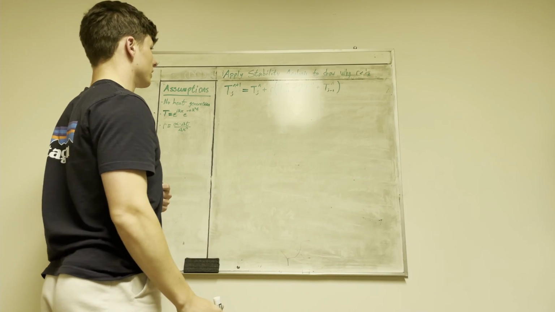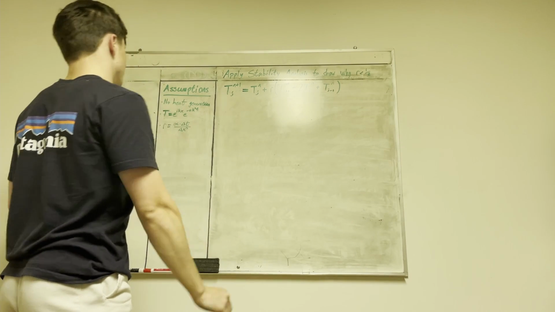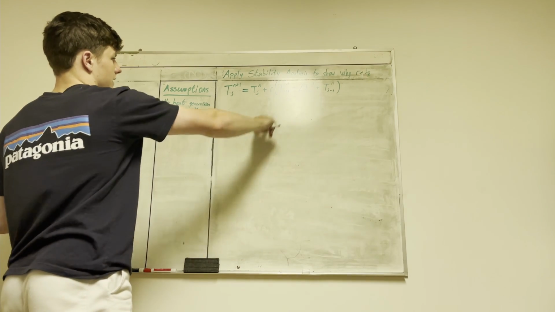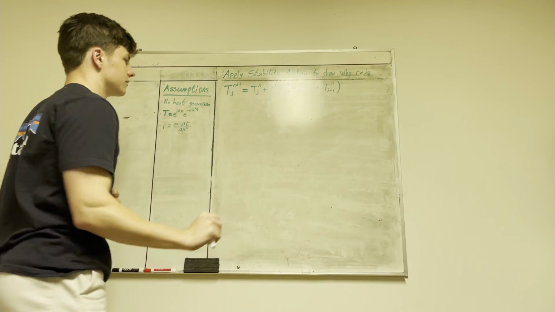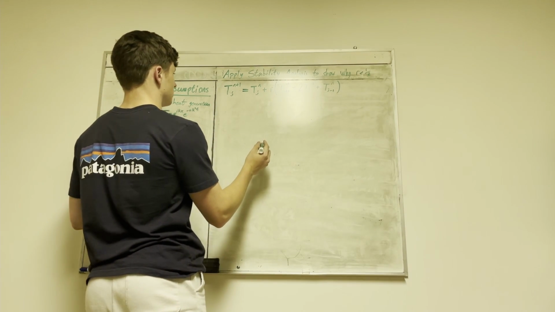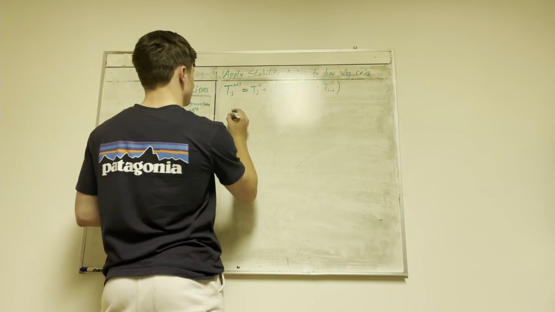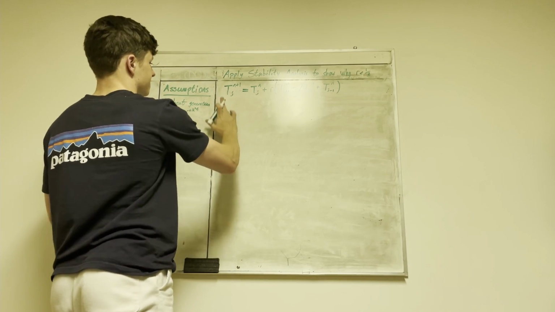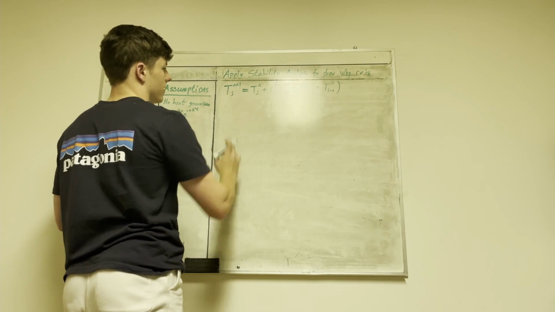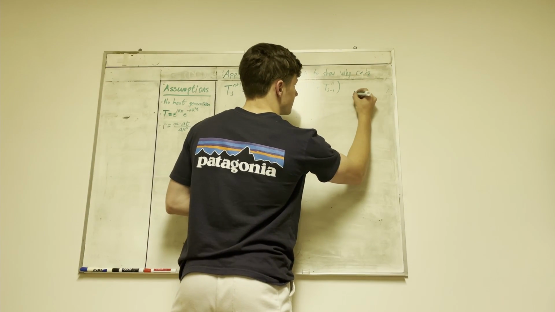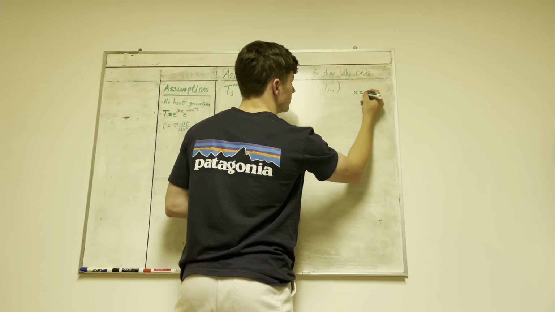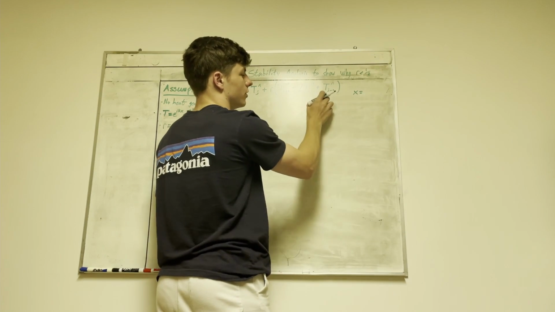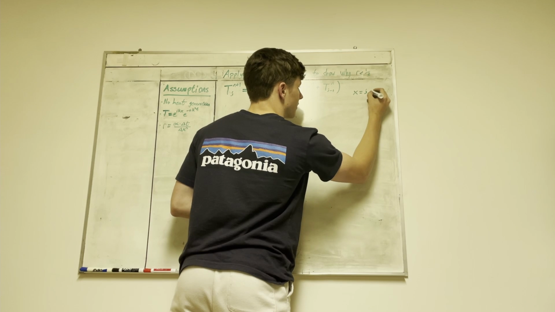What we're going to be doing is using the solution we found to our differential equation and plugging that in to help us with our stability analysis. Before I start that, it's important to note that x is going to be equal to our change in x times our node j, so j times delta x.